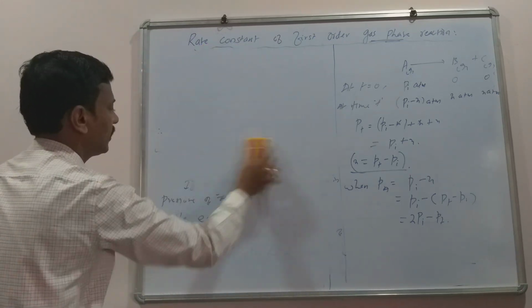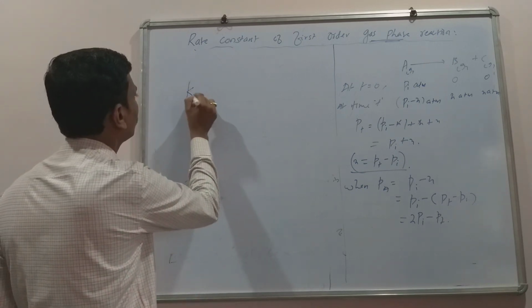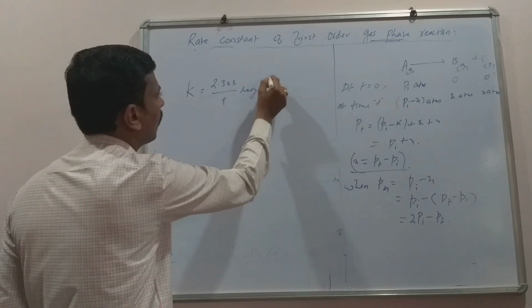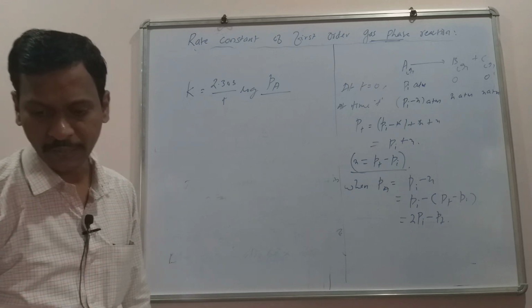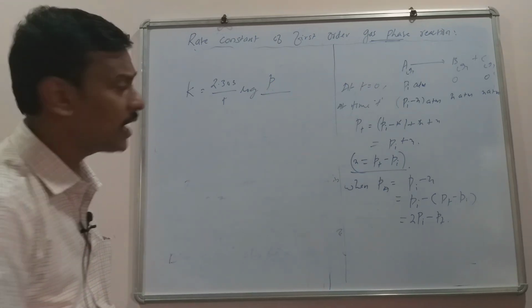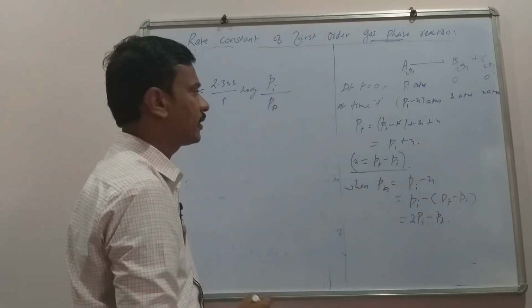Now, the rate constant of this reaction is k is equal to 2.303 by t log of the initial pressure divided by the pressure of the reactant at time t.